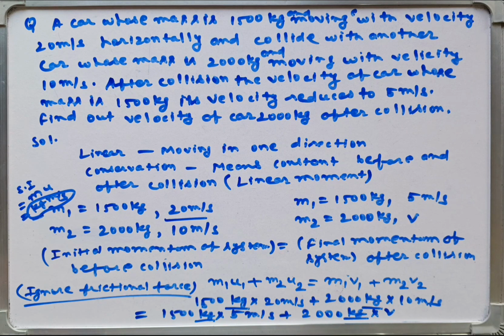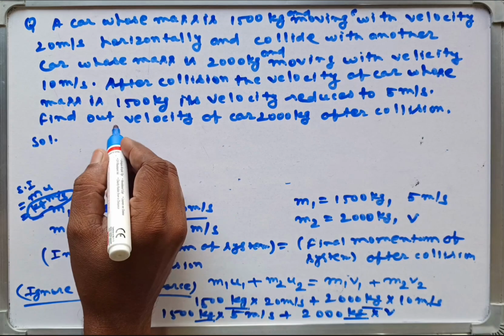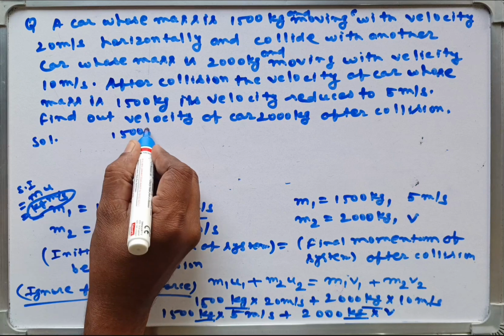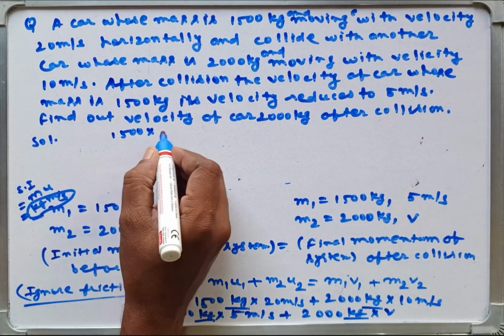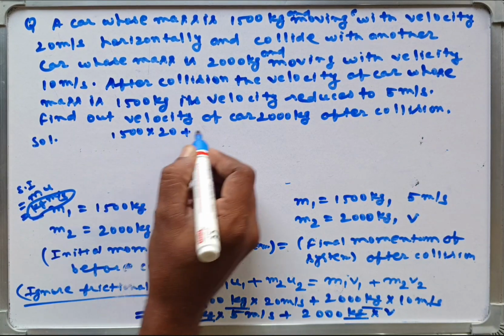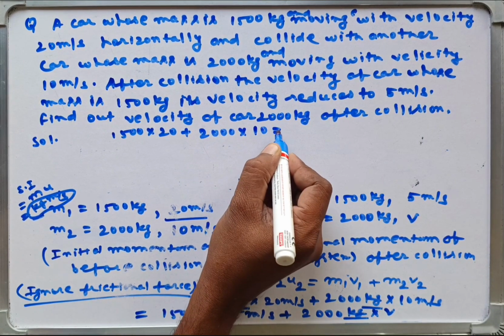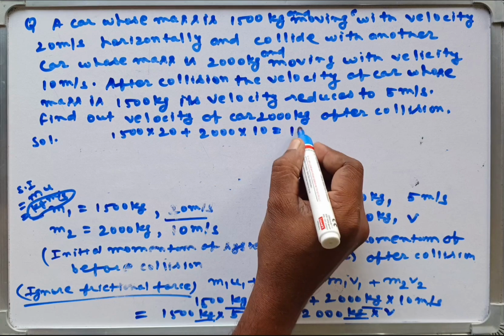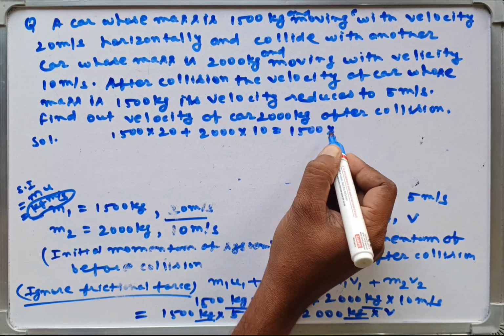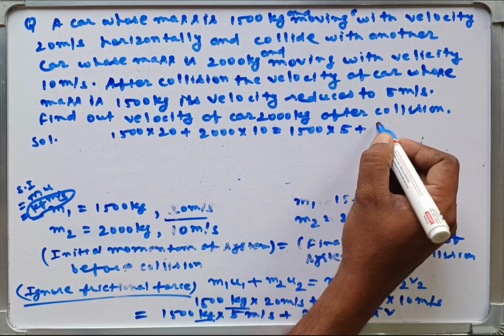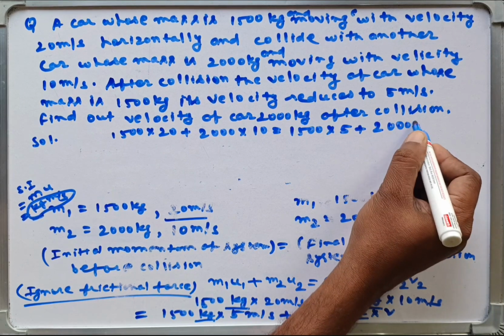So we can write 1500 into 20 plus 2000 into 10, equals 1500 into 5 plus 2000 into v.